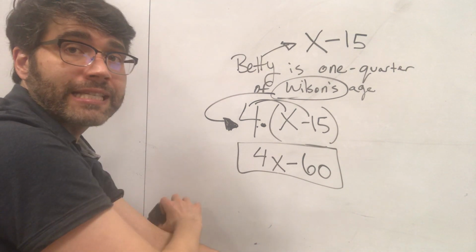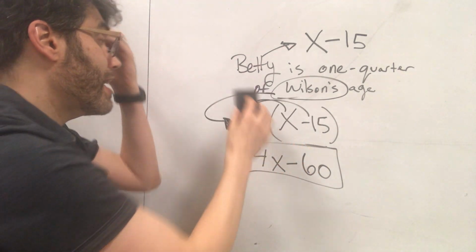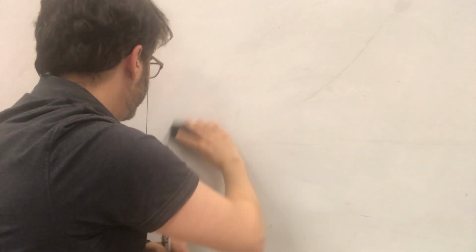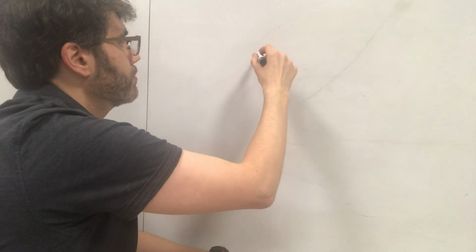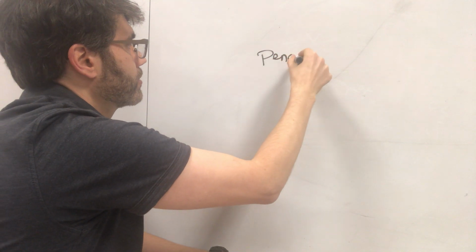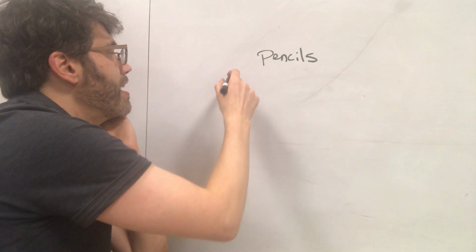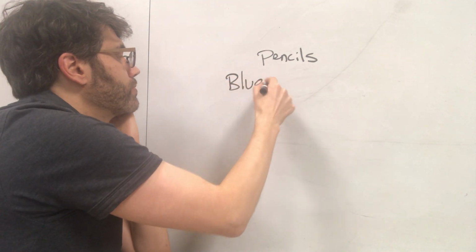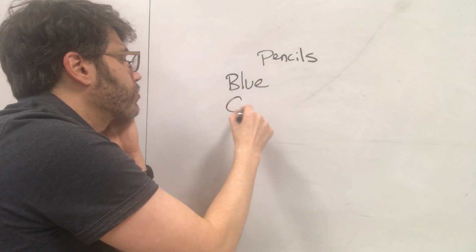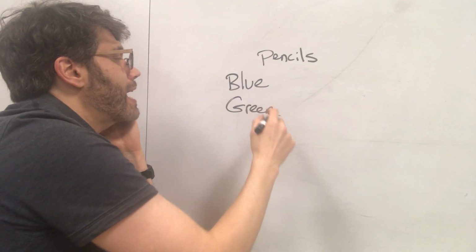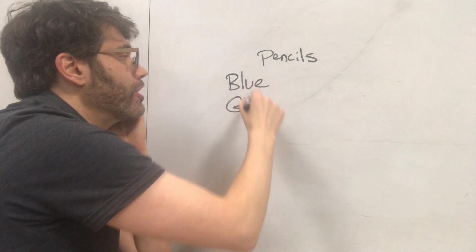All right, lastly, let's say that we have some pencils, some coloring pencils, okay? All right, so let's say that we have blue pencils and that we've got green pencils, okay? Now, let's say we have a ratio of blue to green.